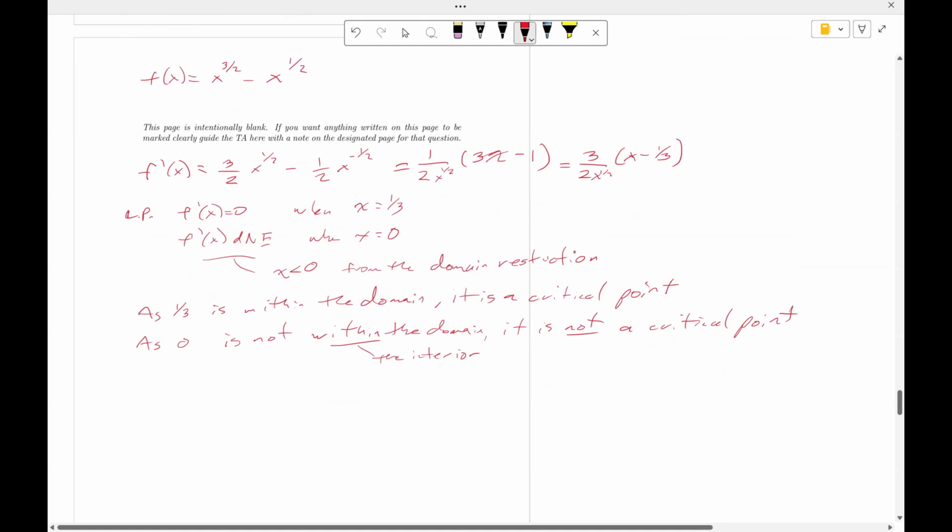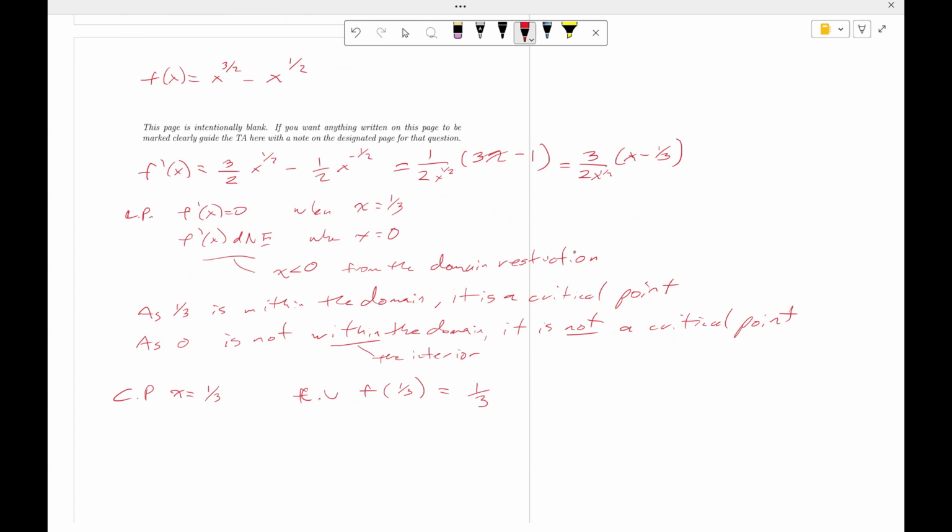Okay, and now the critical values. So our critical point is x equals 1/3. The critical value is f of 1/3, which equals (1/3) to the power 1/2 times (1/3 minus 1), which equals (1/3) to the 1/2 times minus 2/3, which is equal to minus 2 over 3 to the 3/2.